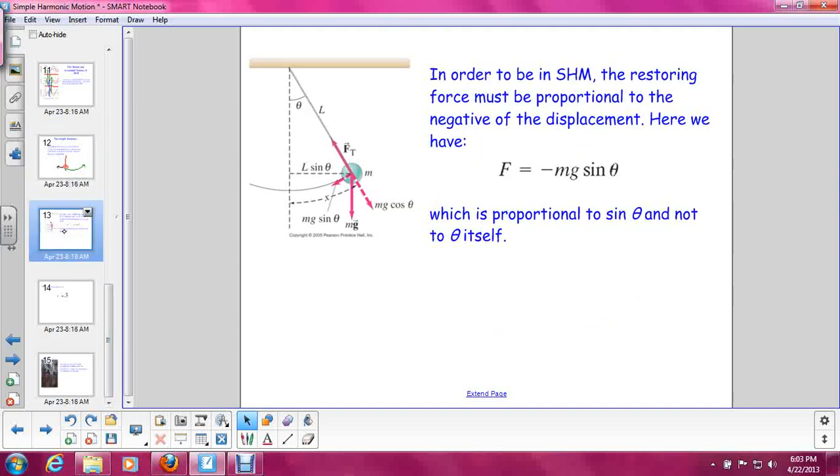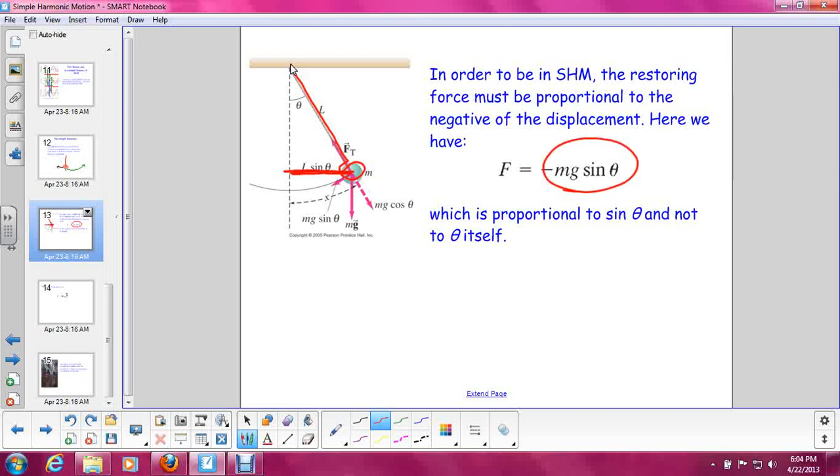Now, remember, in order for it to be simple harmonic motion, the force must be proportional to the negative of the displacement. So if we look at this picture, we have our string right here with our mass on it, and it is displaced this far from equilibrium. That distance right there is equal to mg sine theta.